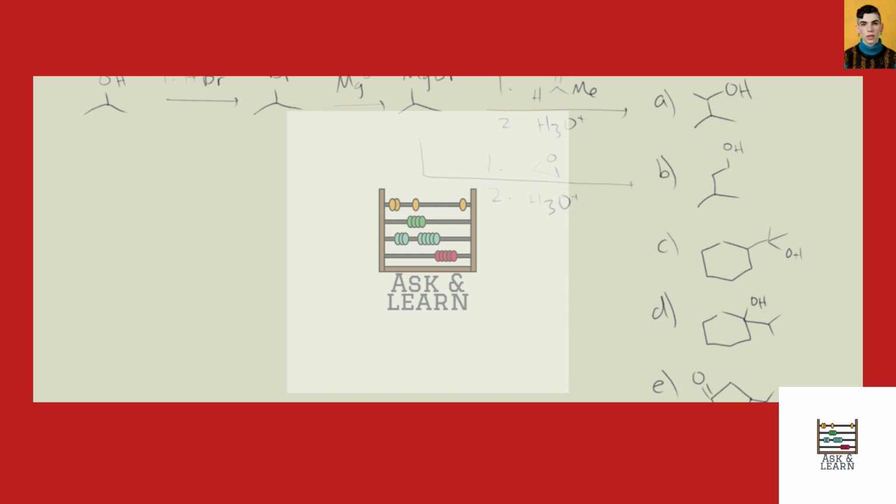For problem C, you'll recognize that our isopropyl unit is still containing our oxygen, but now we have this cyclohexyl unit that has a carbon-carbon bond formation. That carbon-carbon bond formation could come from the carbonyl attack of a cyclohexyl Grignard.